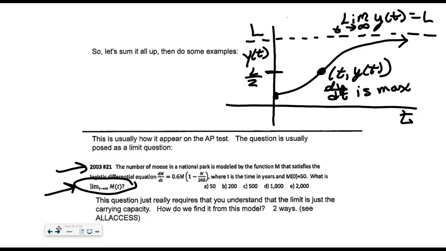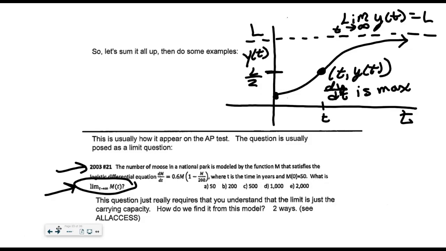Remember, a function's at a max when its derivative, or the second derivative in this case, is 0. Make sense? Okay, so if they ask you for questions about when dy dt is at a max, you're going to go, oh, that's when it's growing the fastest. That's at that turn in the S. That's at half the carrying capacity. You see how your brain's going to work through the model?